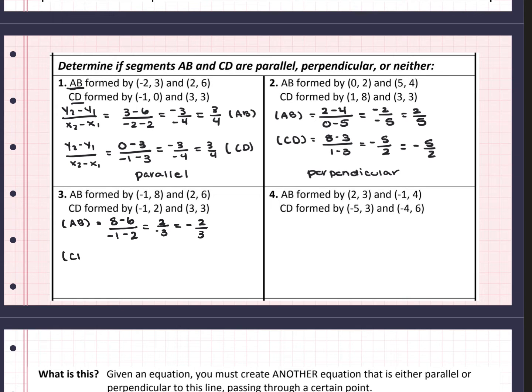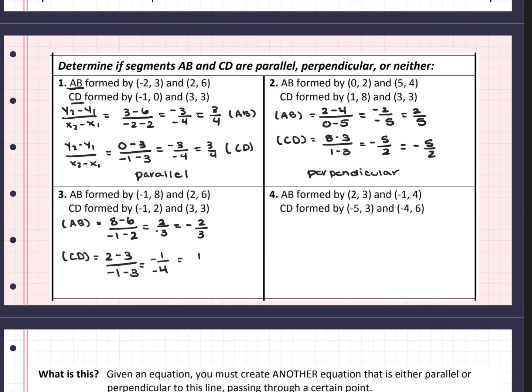Then I have for CD 2 minus 3 over -1 minus 3, which gives me -1 over -4, which reduces to 1/4, not -1/4. It's just 1/4.